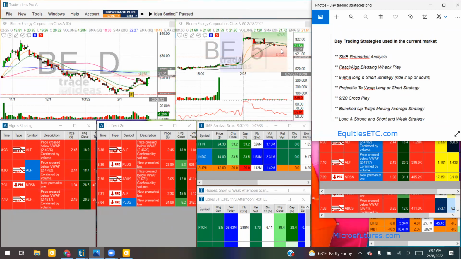So if a certain strategy that I like to play in the morning will appear as a setup in the afternoon, I will realize that it might not be back tested that strong, because I try to back test all my strategies to show that they are statistically profitable edgewise. So if I see a morning strategy in the afternoon, I won't discount it simply because it's a morning setup appearing in the afternoon, but I'll keep that in the back of my mind. All right. So I would consider it.